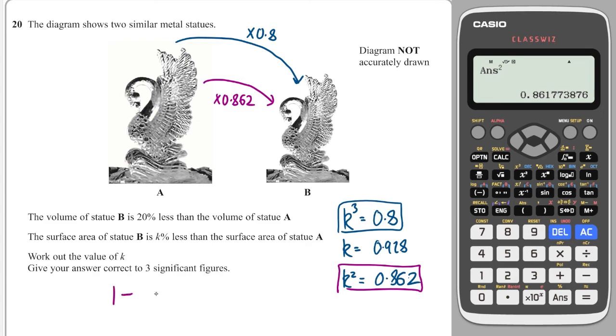So we'll take one whole and we'll subtract 0.862. So we'll do 1 minus that. That gives me 13.8 percent. To 3 significant figures. Perfect. Yeah, 13.8%.